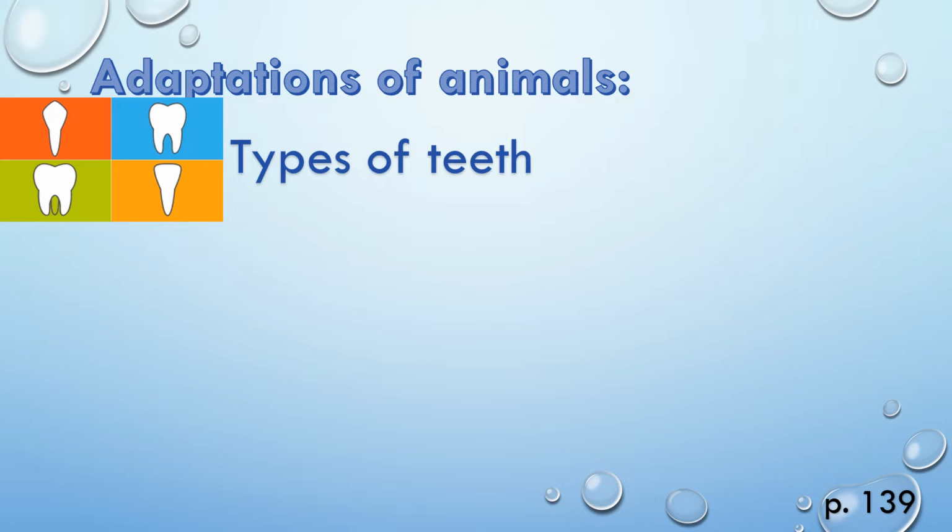So if we have animals that are going to eat plants, then we know that they have molars and premolars. Incisors are designed to cut and to tear. So some herbivores are going to have molars and incisors. And then the canines are the sharp, pointy teeth that are designed to grab hold of and tear in order to eat.